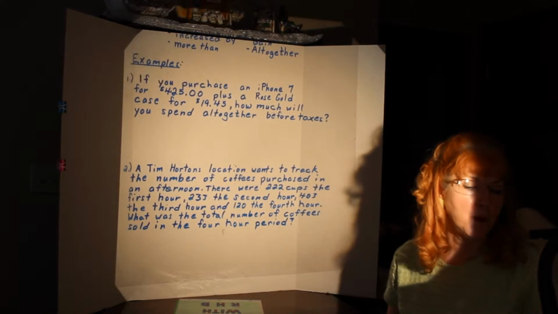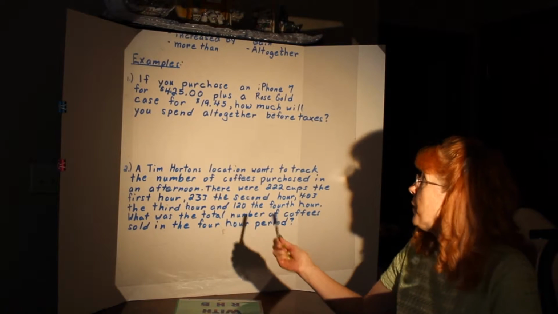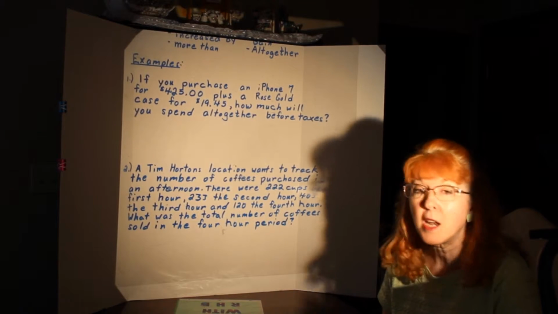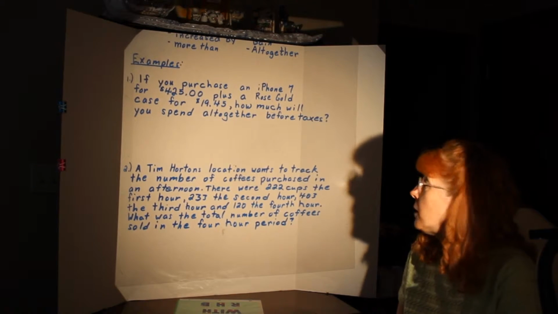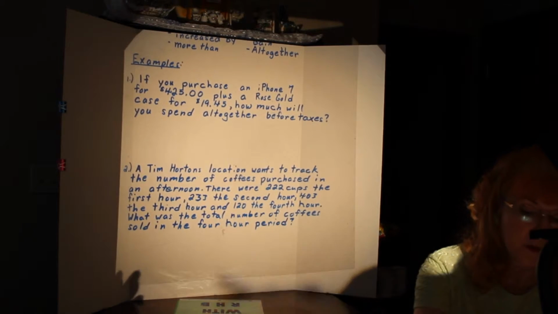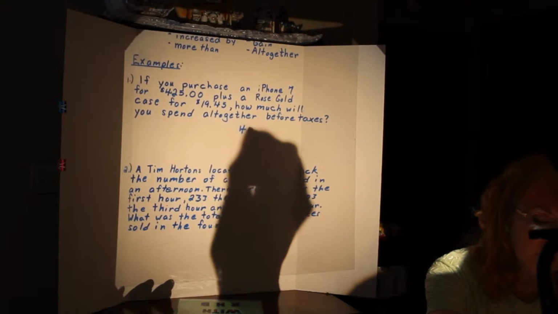So we have, if you purchase an iPhone 7 for $425 plus a rose gold case, it's going to cost you $19.45. How much will you spend altogether before taxes? So you're going to look at $425.